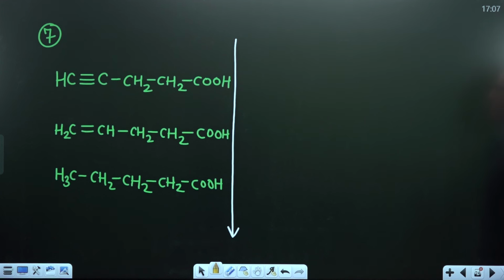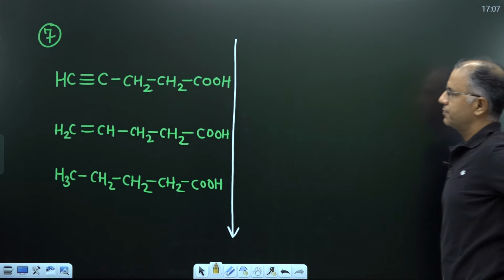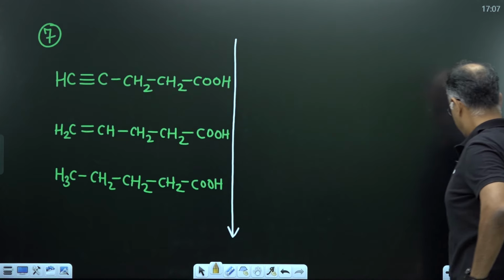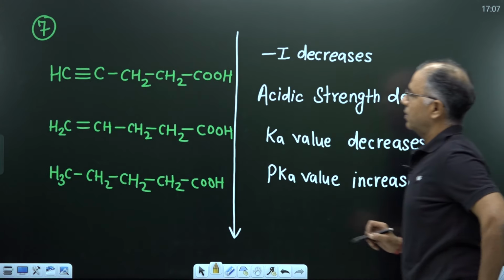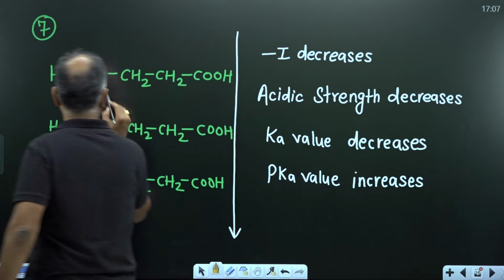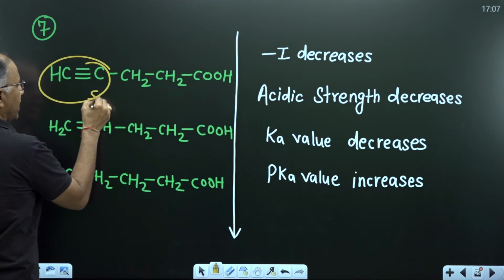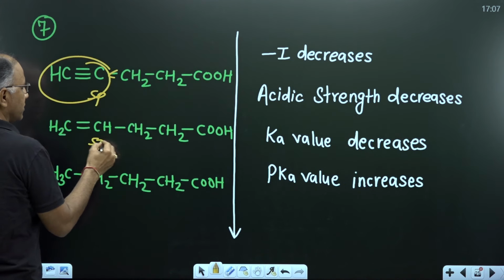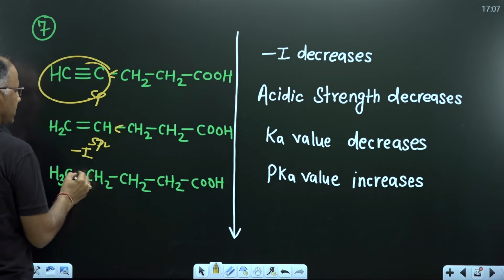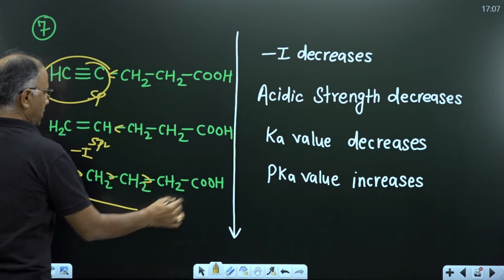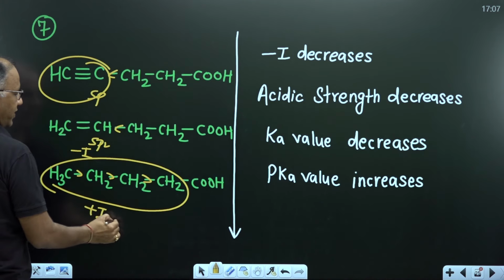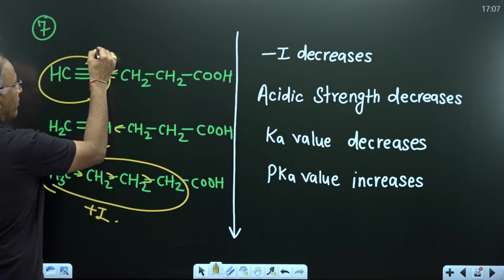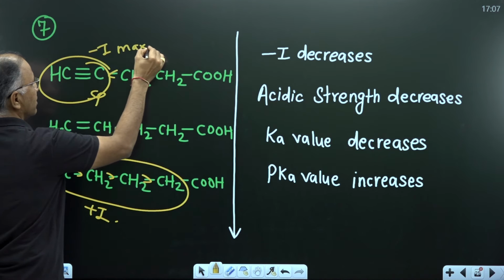What about seventh? What is the difference between all these examples? In this, it is alkyne, sp hybridized. This is sp2 hybridized. And this shows plus I effect. Means minus I is maximum in this.